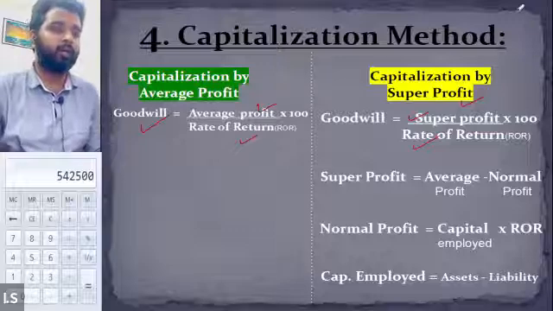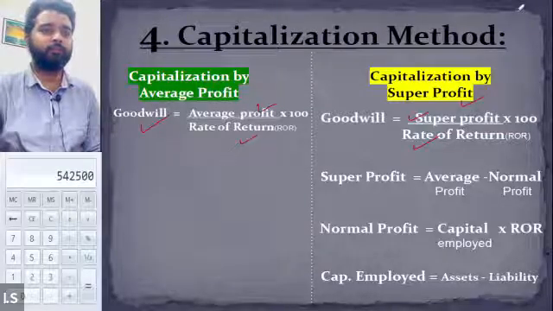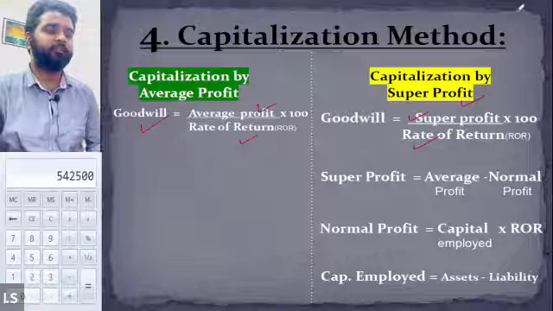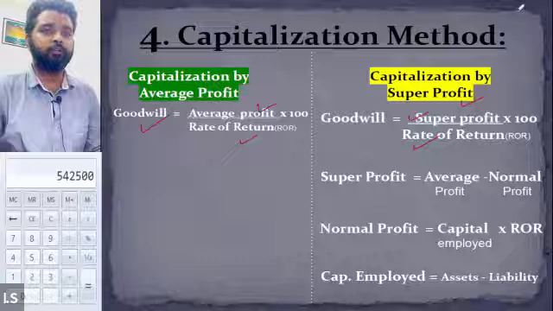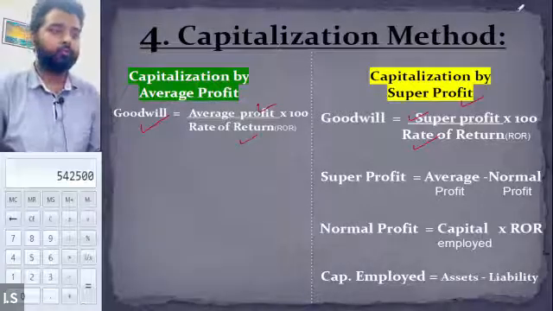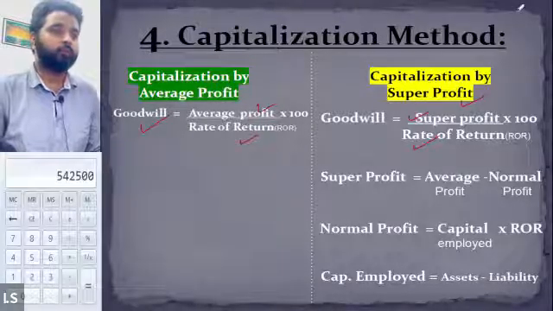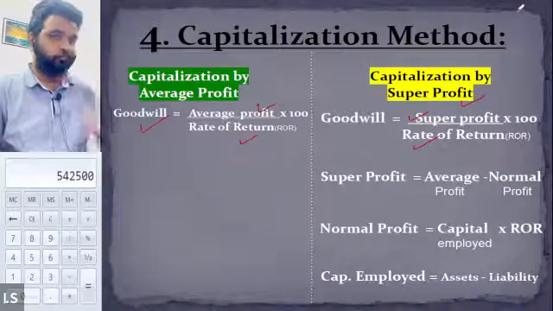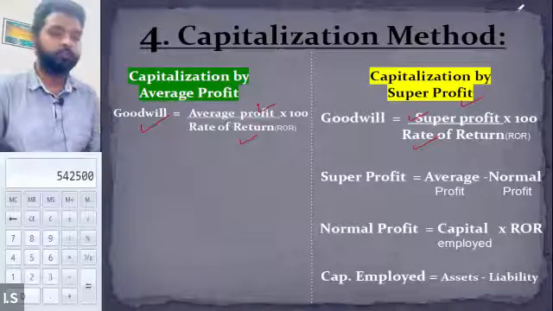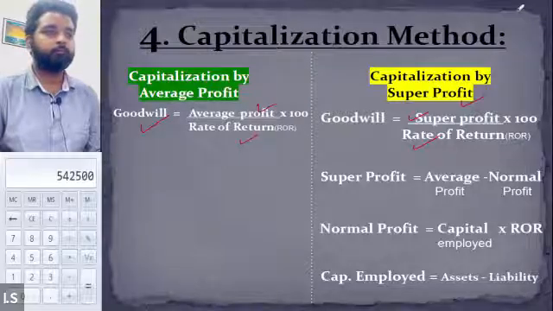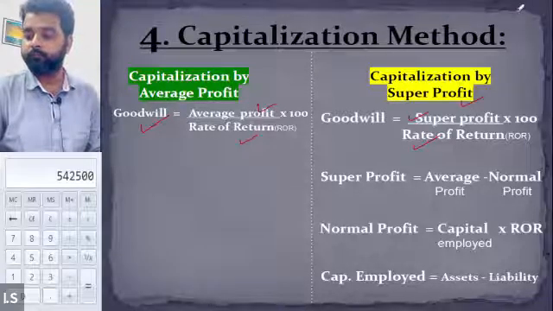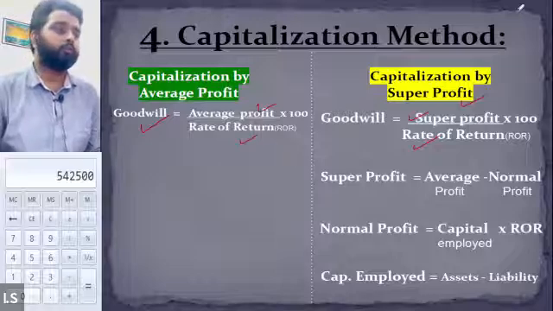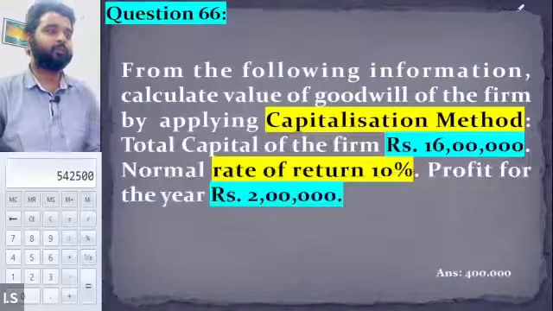Just write down the main formulas of the capitalization by average profit method, which is average profit divided by rate of return into 100, and in case of capitalization by super profit, super profit divided by rate of return into 100. Done, everyone? Yes, sir.